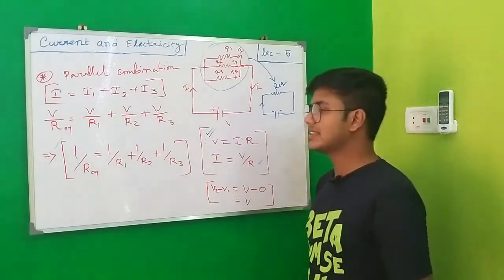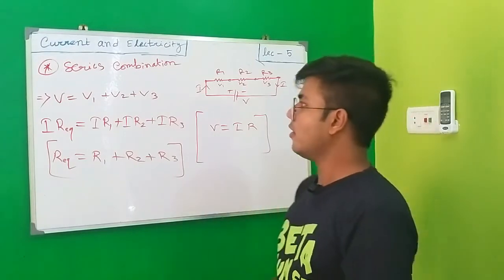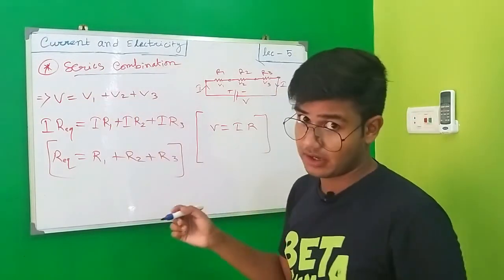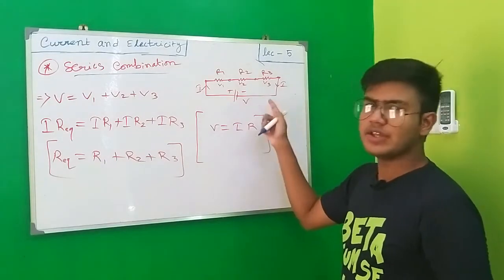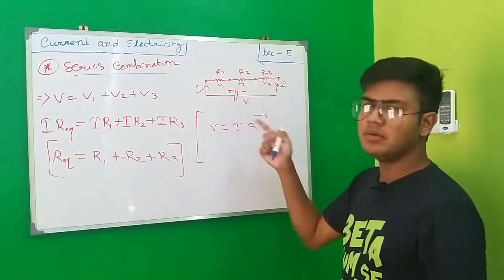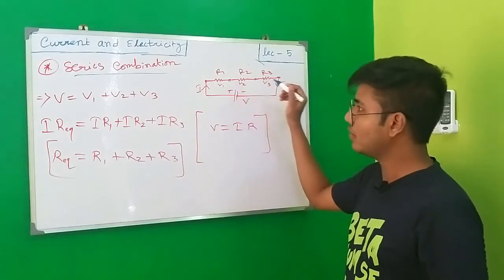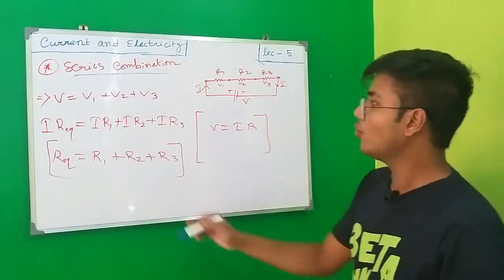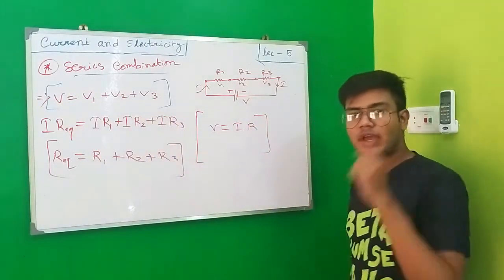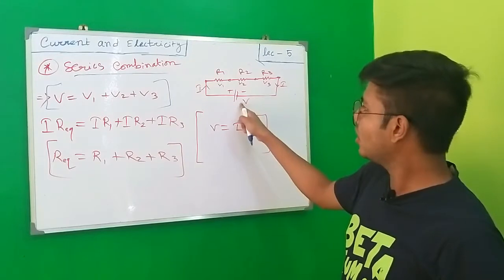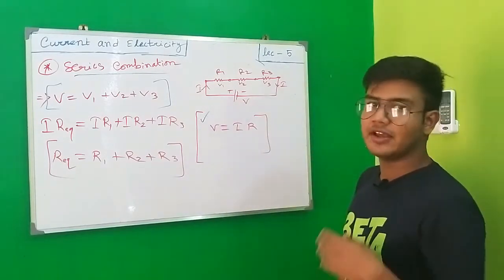Moving to the series combination formula. Okay, so again we are looking at the series combination right now. Same thing we will do over here. In the series combination, we know that all the currents will be equal, but the potential differences will be different. That is V1, V2 and V3. And if we add these three potential differences together, then we will find the total potential difference, that is V. According to Ohm's law, we know that V equal to IR.